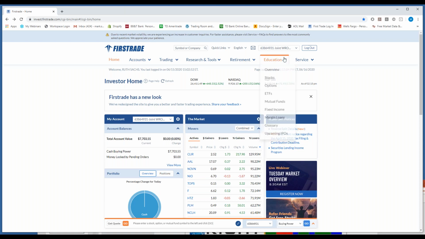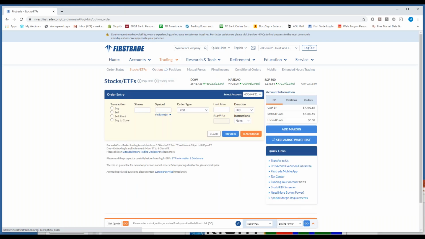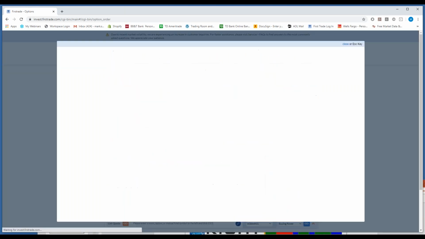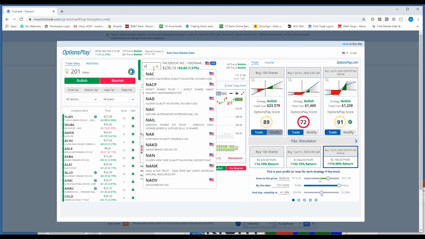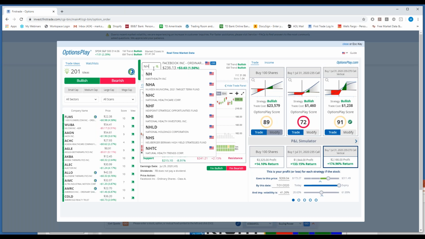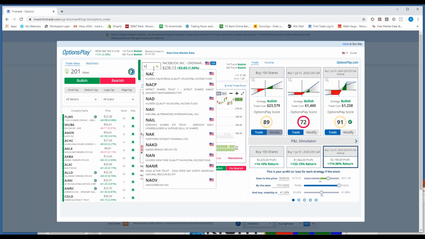But I want to take a look at one position. Let's go back to trading. I'm going to go to options, and we're going to go to the options wizard. And we're going to look at Norwegian Cruise Lines.